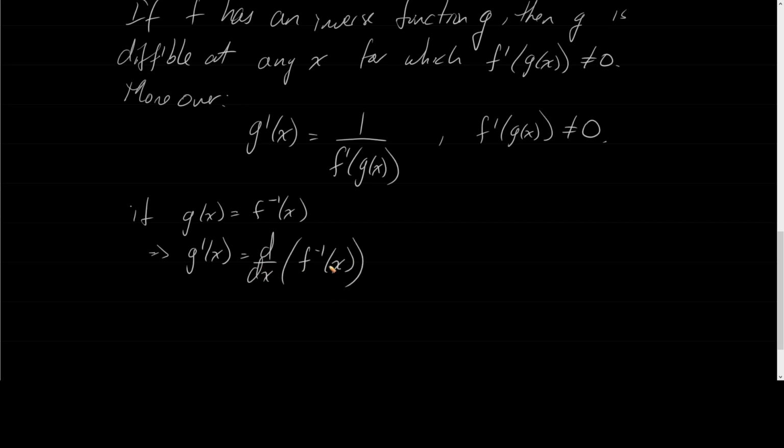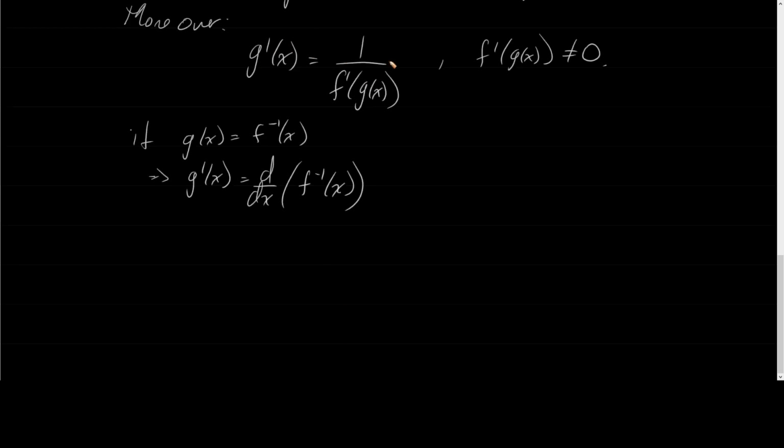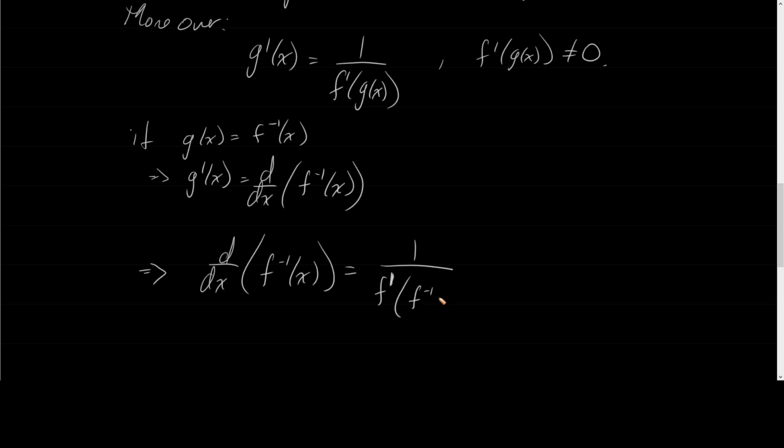So now what we can say here is that this statement really becomes the derivative with respect to x of f inverse of x is 1 over f prime of f inverse of x. All right, and this is as long as f prime of f inverse of x is not equal to 0.